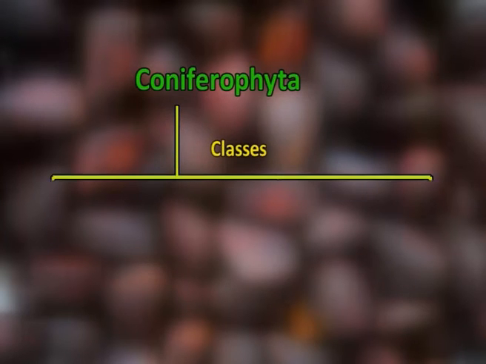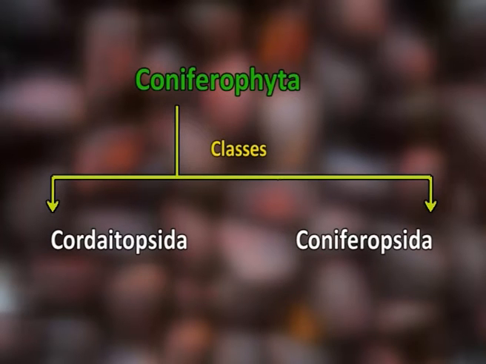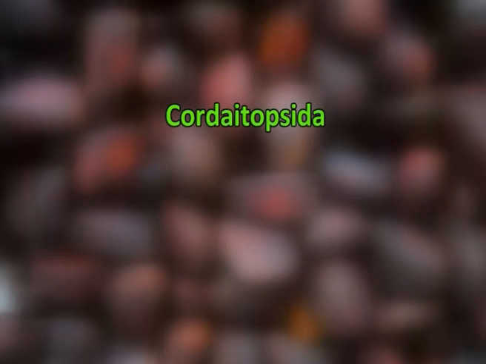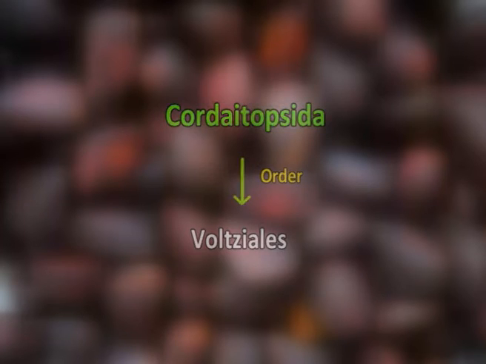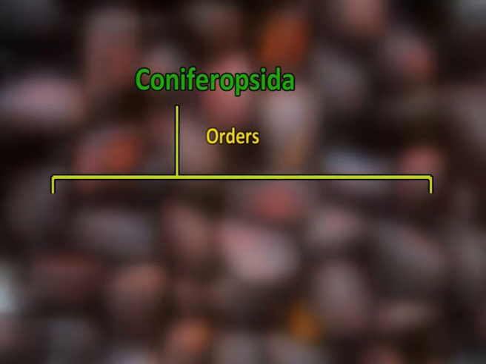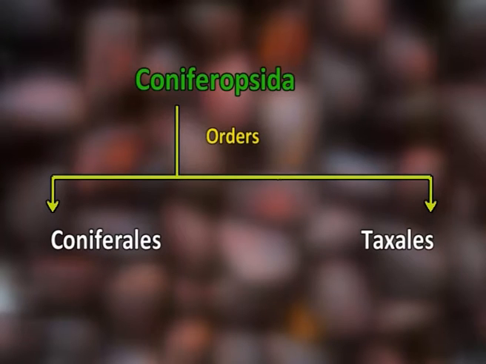The division Coniferophyta was divided into 2 classes, 1. Cordaitopsida and 2. Coniferopsida. Cordaitopsida included a single order, Voltziales, while class Coniferopsida included 2 orders, that is Coniferales and Taxales.